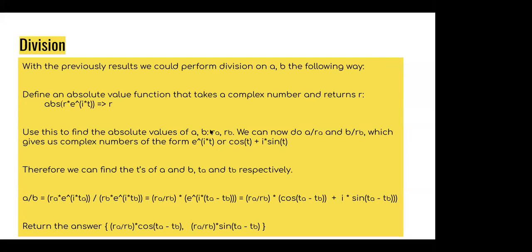So get the two absolute values, which I've got a subscript for, R_A and R_B, and then define the whole complex number by that absolute value for both instances. And then you will have two complex numbers of the form that you can see here.